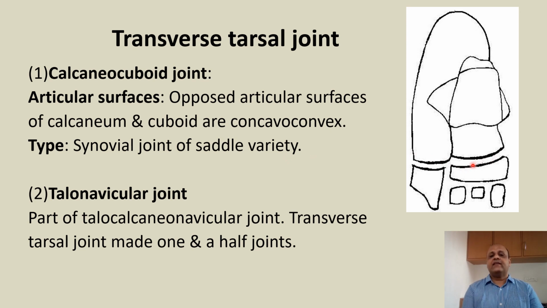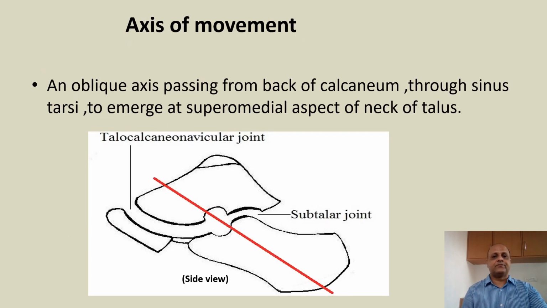So we can say that the transverse tarsal joint is made up of 1.5 joints, one joint being calcaneocuboid joint and half joint being the talonavicular joint, because talonavicular joint is a part of the talocalcaneonavicular joint. Therefore, we can say that the transverse tarsal joint is made up of 1.5 joints.